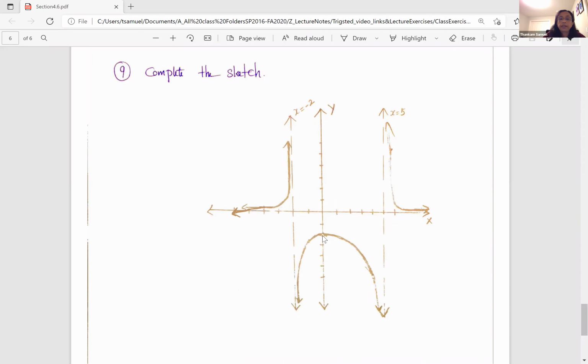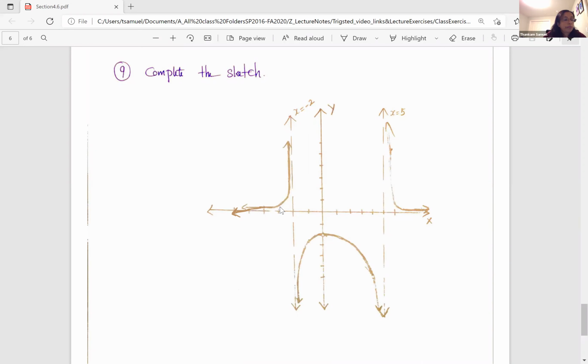And we know that the graph passes through the x-intercept and the y-intercept. As x approaches -2 from the left, the graph is approaching infinity. So here the graph is going upward.